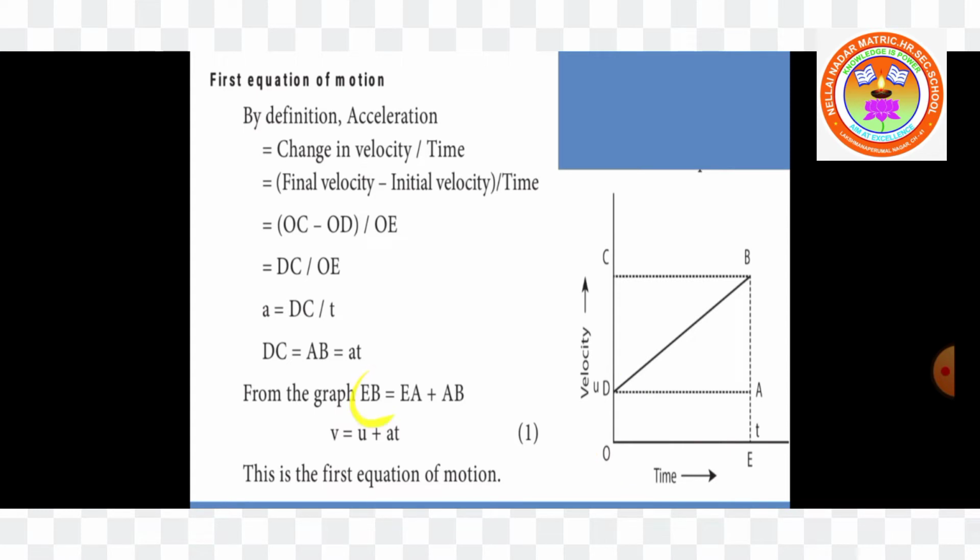So EB is V, EB is equal to OC, and OC is equal to V. So V is equal to EA, and EA is equal to OD, and OD is equal to U. So we can write it as U plus AB. What is AB? AB is equal to AT. So finally we get the equation V is equal to U plus AT. This is the first equation of motion.